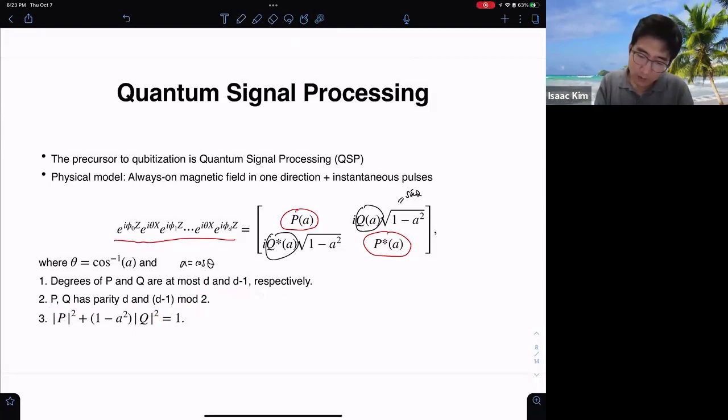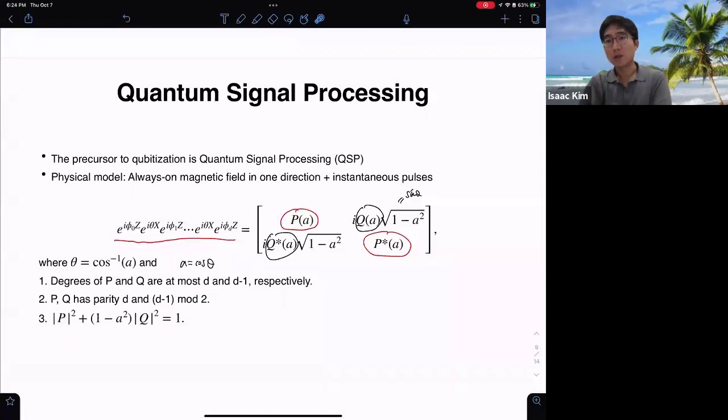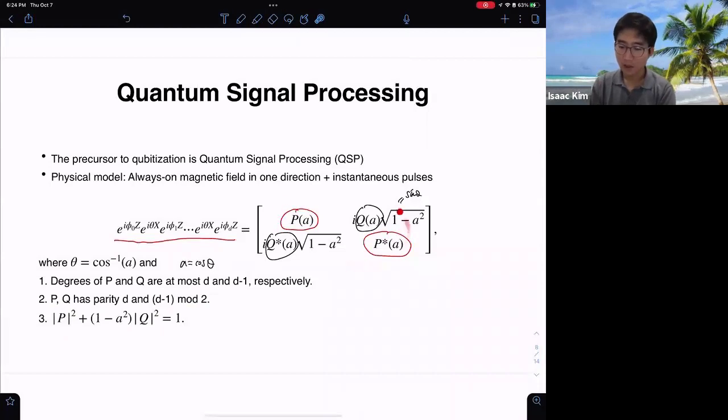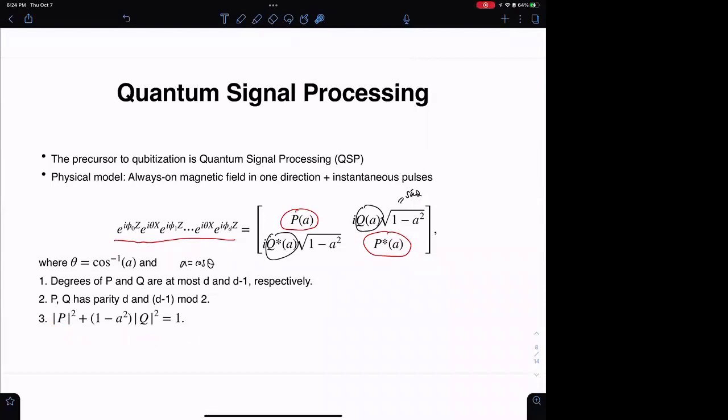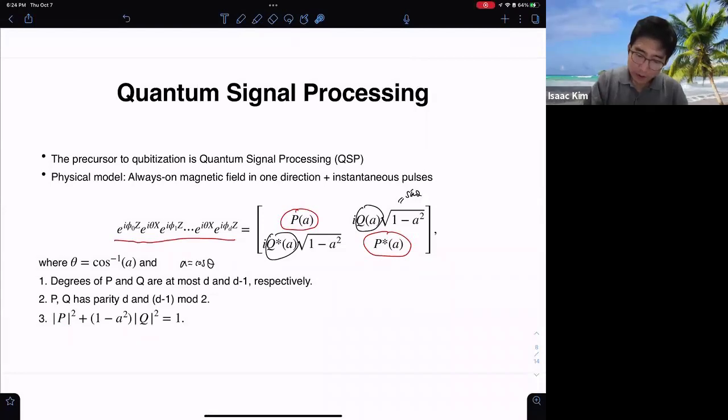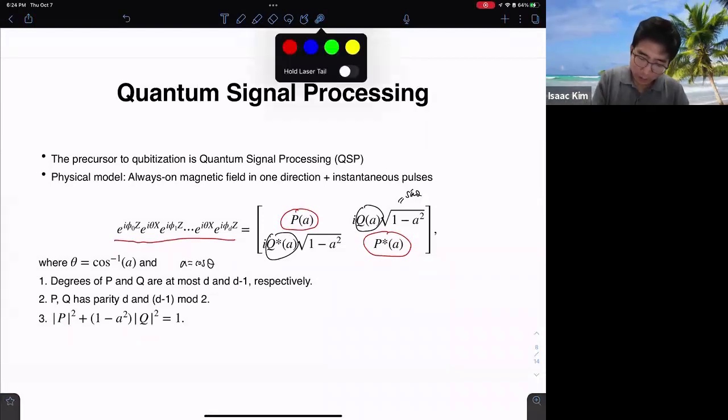The last condition is just a very trivial thing. It comes from the fact that all these unitary operators are special unitary operators, so their determinant must be 1. If you calculate the determinant of this 2x2 matrix being 1, that equation is precisely that. So d is the number of multiplications you do on the left-hand side. Maybe I should point to this.